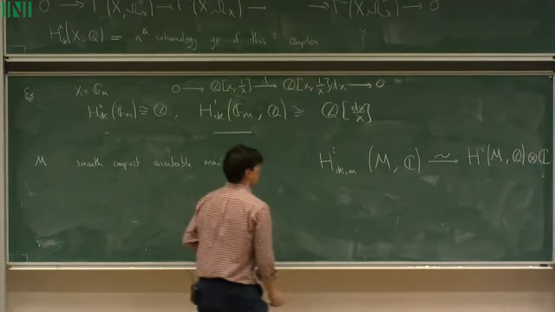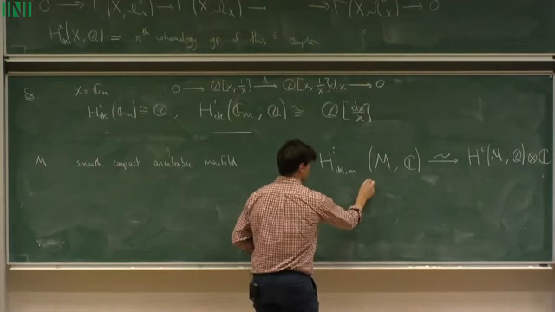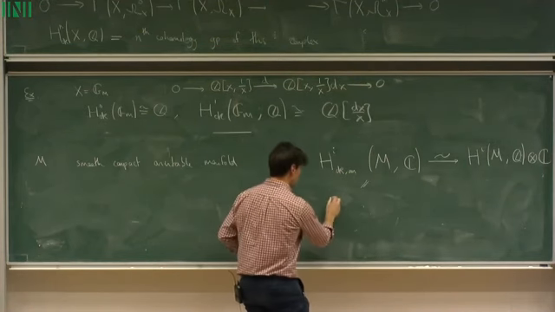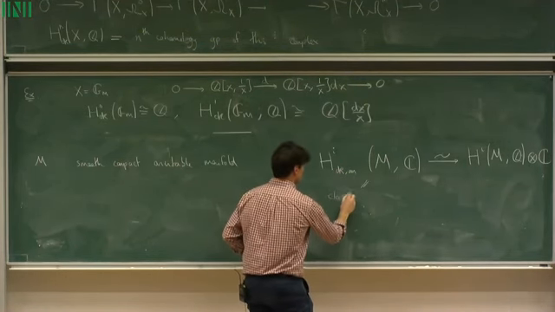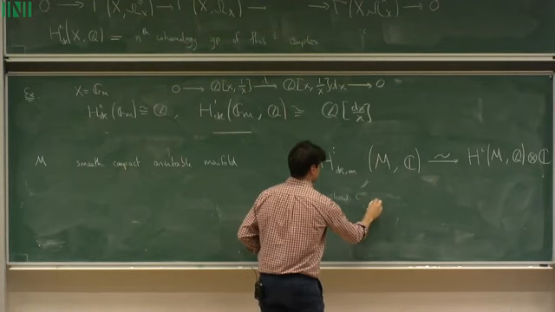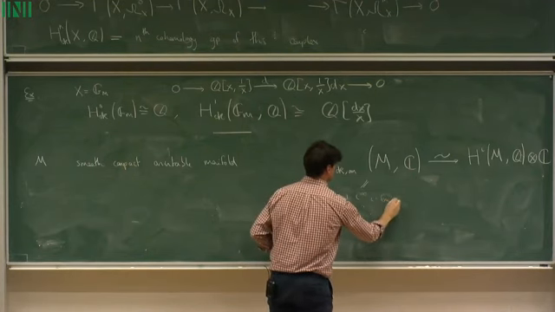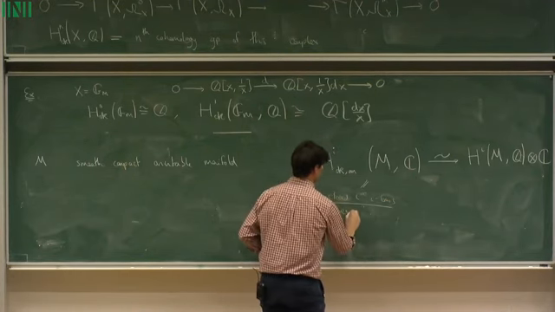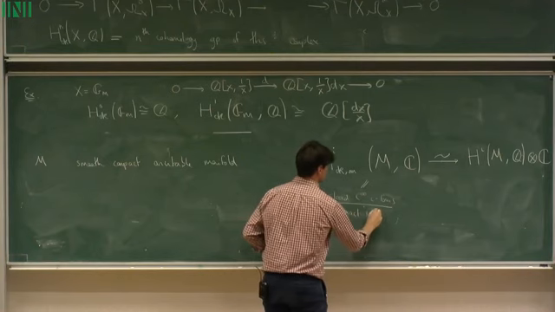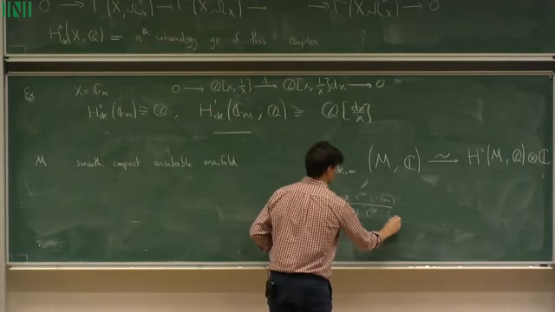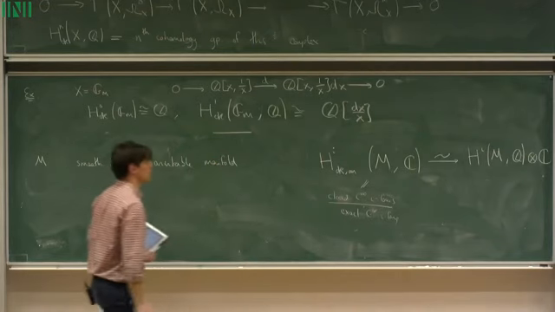He defined the de Rham cohomology to be closed C-infinity i-forms modulo exact smooth i-forms.